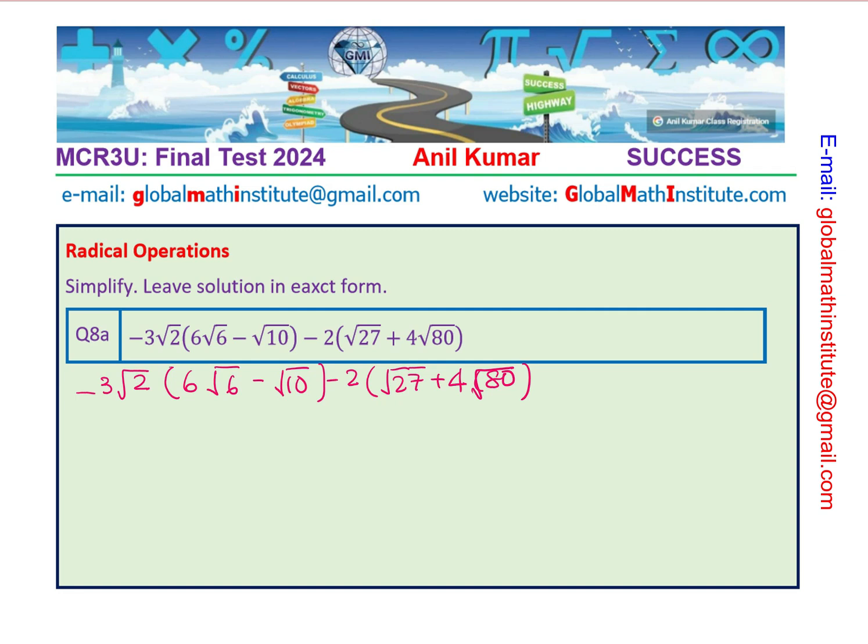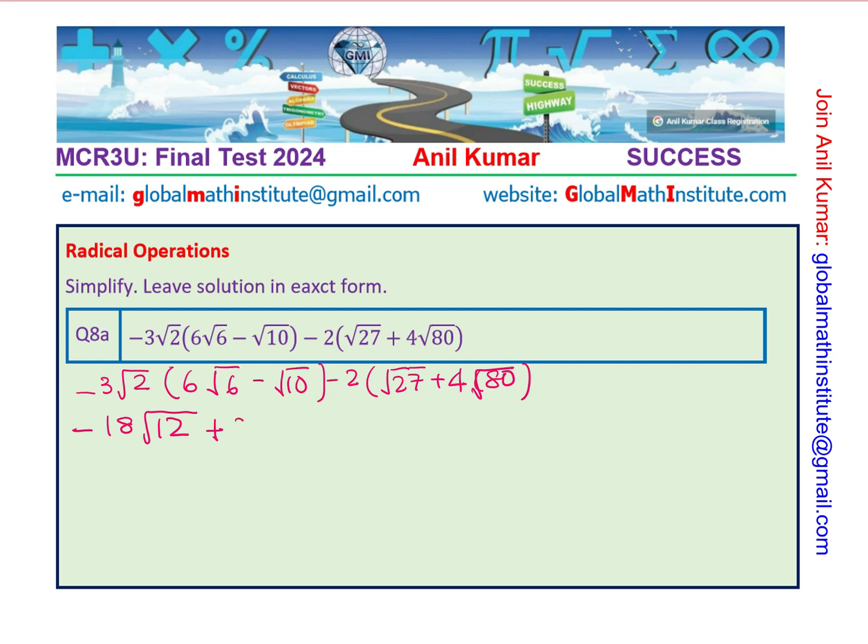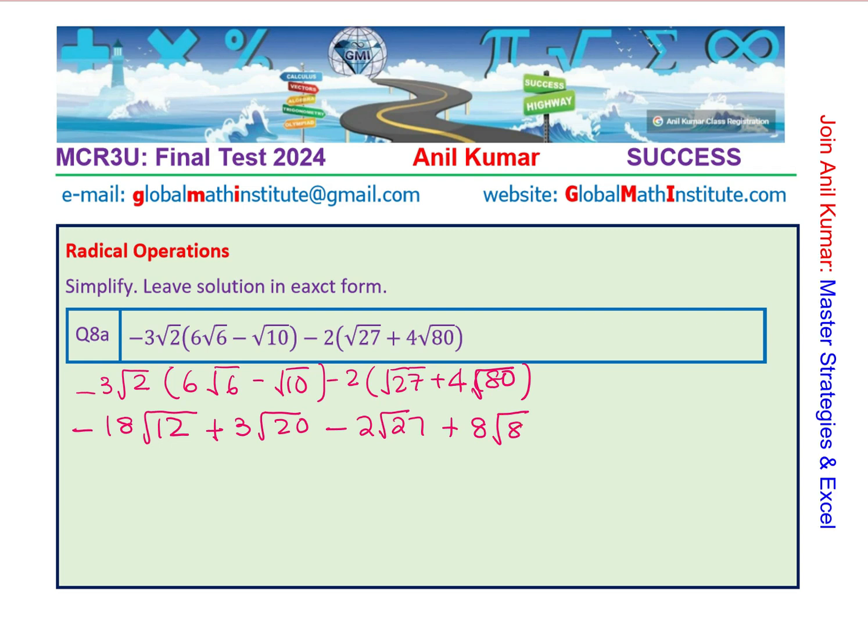So when you multiply both the terms, you get 3 times 6 as 18, and inside 6 times 2 is 12. Minus and minus is positive, 3 outside, 2 times 10 being 20, minus 2 square root 27 plus 8 square root 80.